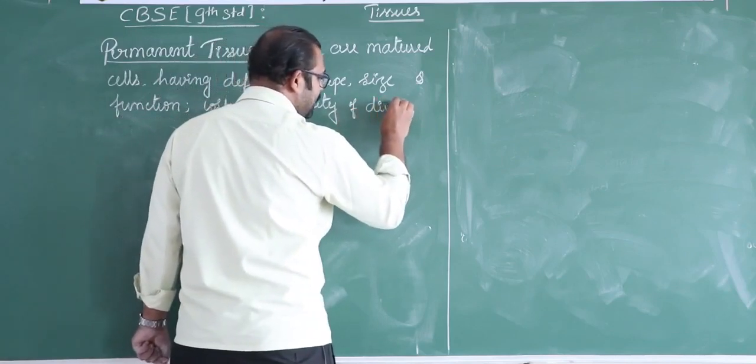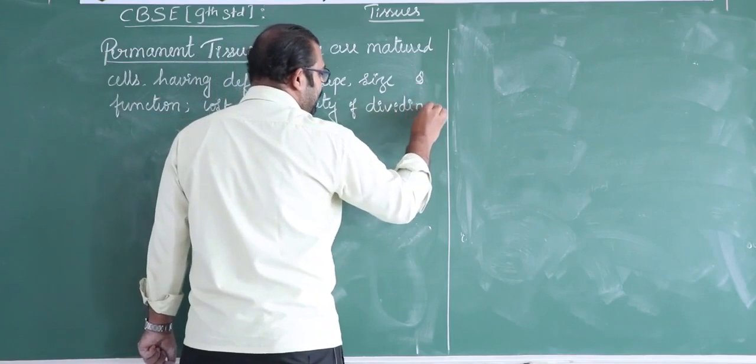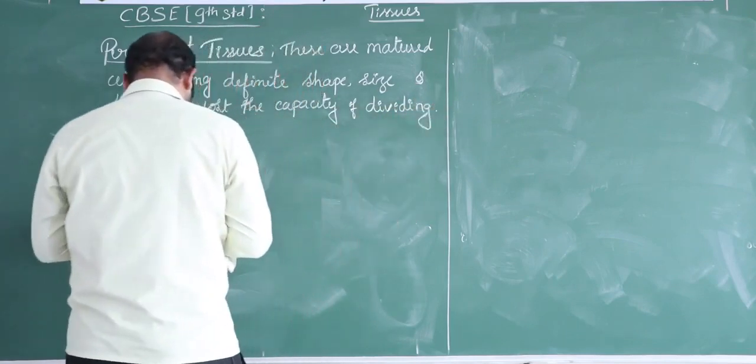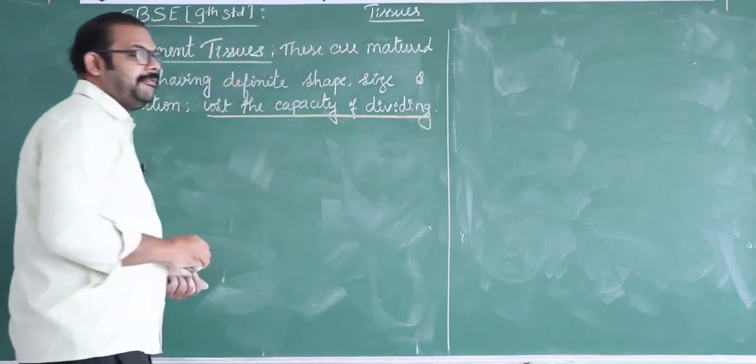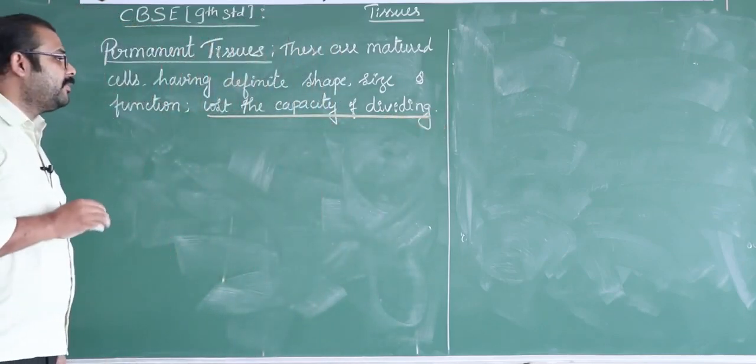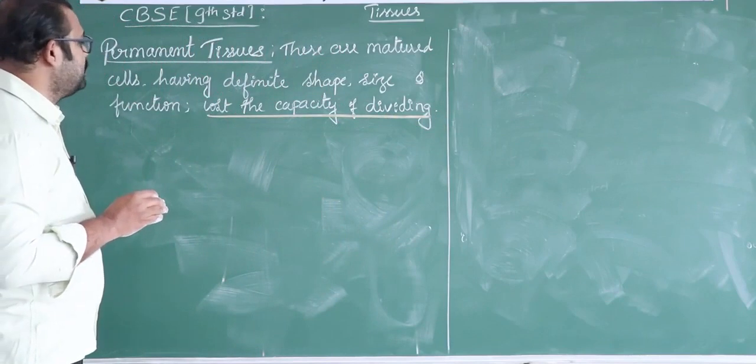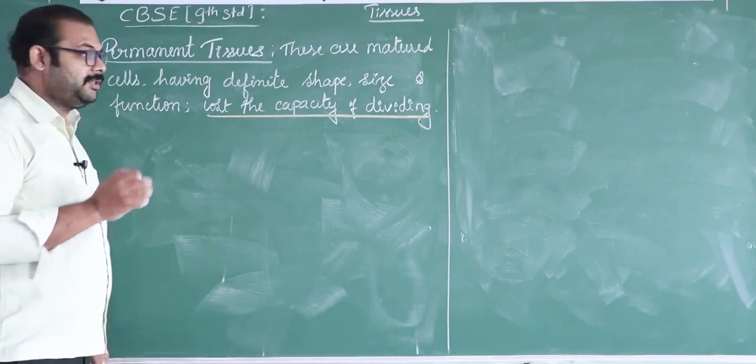This is a very important one. They have lost the capacity of dividing. This is the most important characteristic feature of permanent tissues.